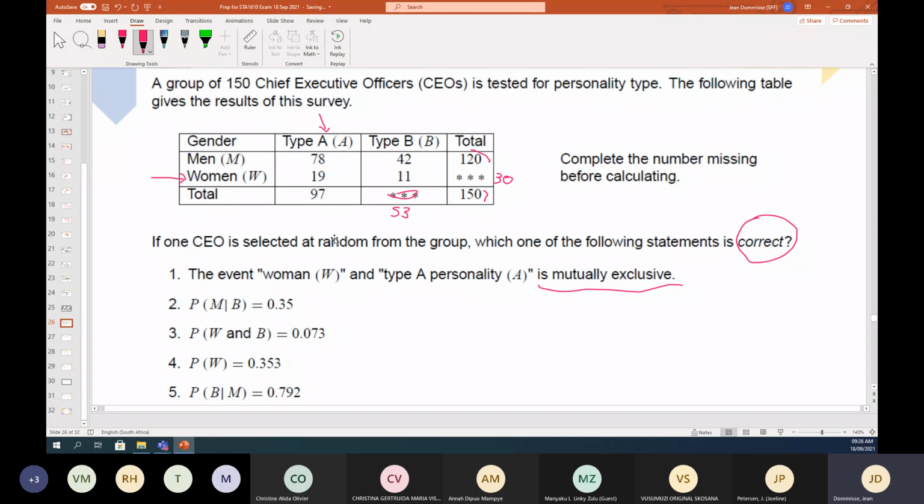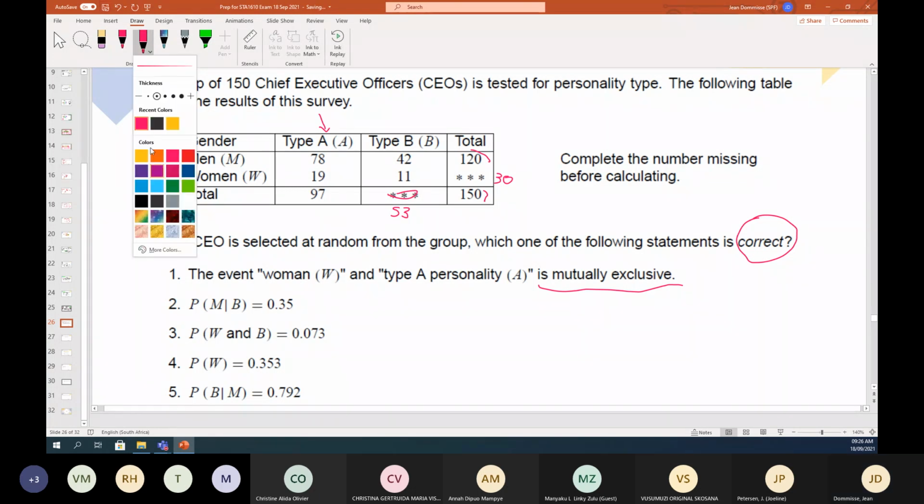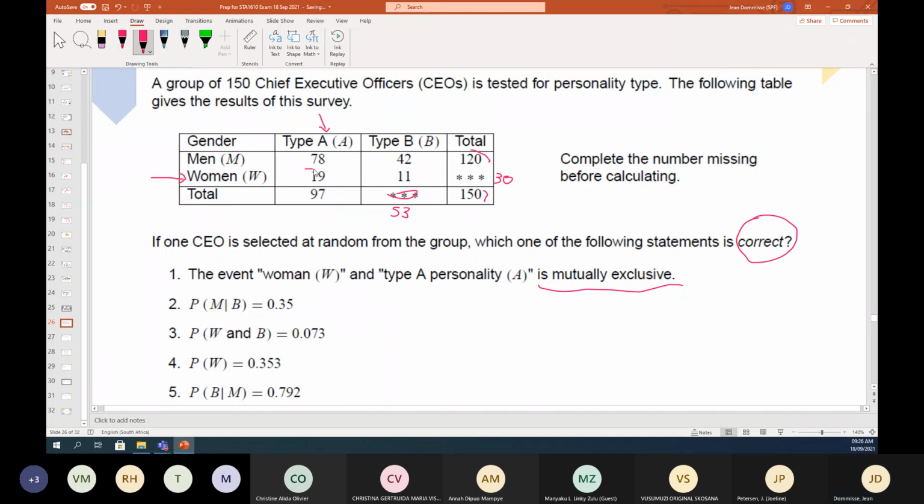So event woman and personality type A is mutually exclusive. Woman, type A. So there is an "and". If there is an "and", it is definitely not mutually exclusive, because the "and" needs to be 0 to be mutually exclusive. So that one is incorrect.